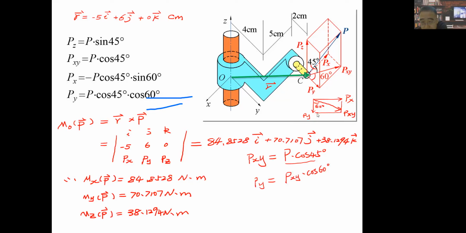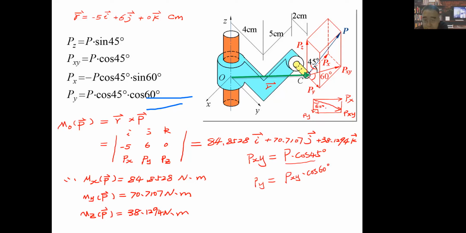Because here is a rectangle. So pxy times cosine 60 degrees just means we do another projection along this direction. It's more like we project this pxy onto this axis, so it will shrink into py. Can you understand that?